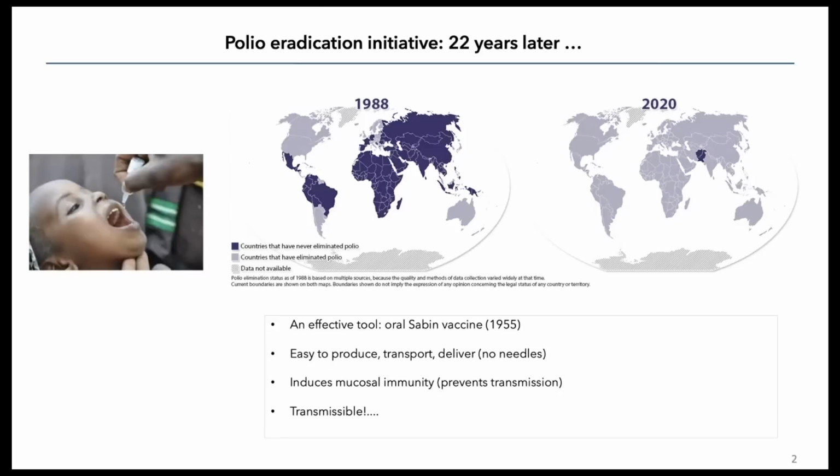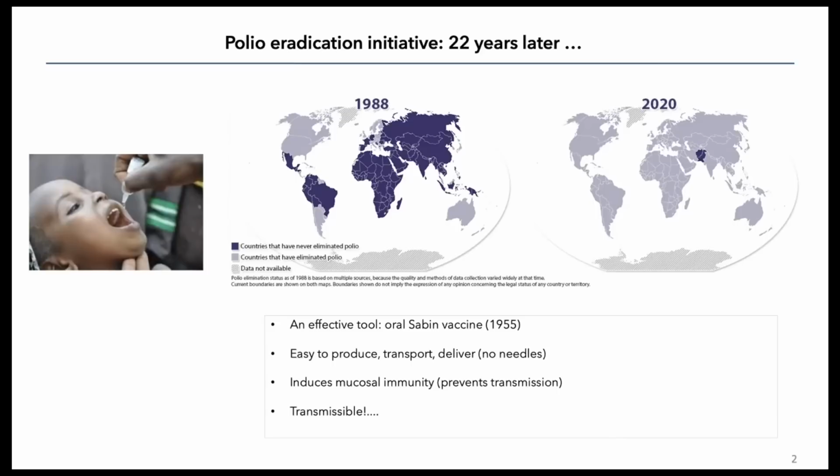It's easy to produce, transport, and deliver, with no needles and no doctors needed for this vaccination campaign, but it induces good mucosal immunity and prevents transmission. And also, it's a transmissible vaccine, which increased the coverage of the vaccination from vaccinee to contact individuals.